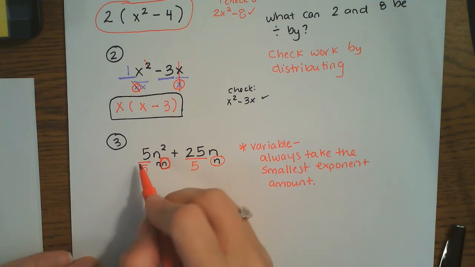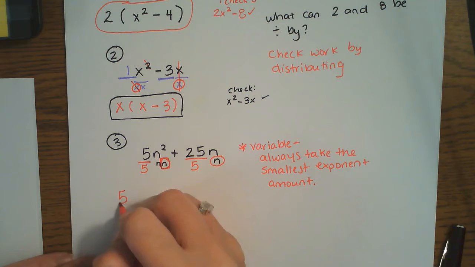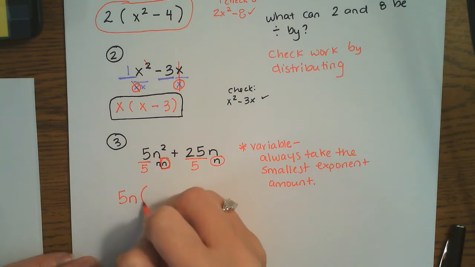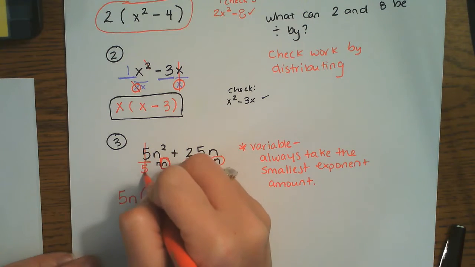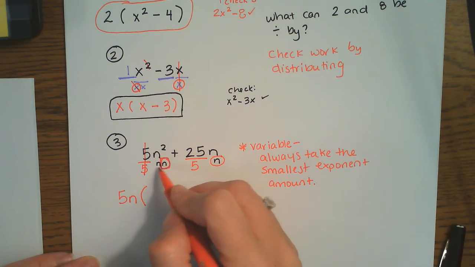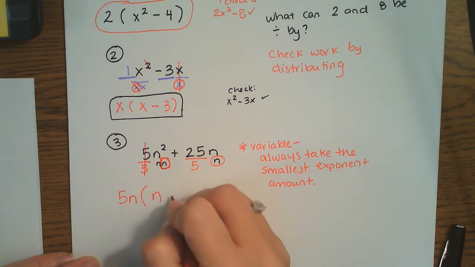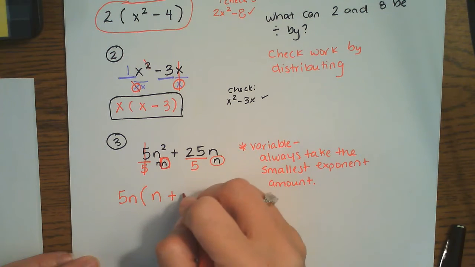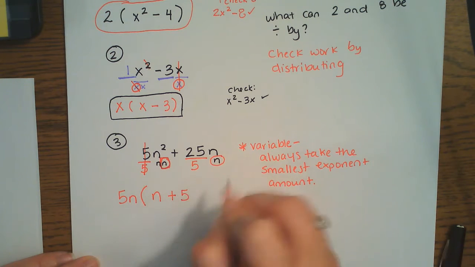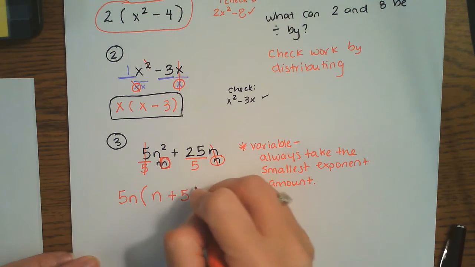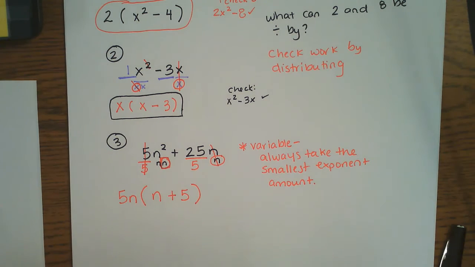So we decided we would divide by 5 and that we were going to take that 1 n in as well. 5 divided by 5 is 1. N squared, when I take an n away, leaves me with 1n plus 25 divided by 5 is 5, and we took that n out into the front of the parentheses.